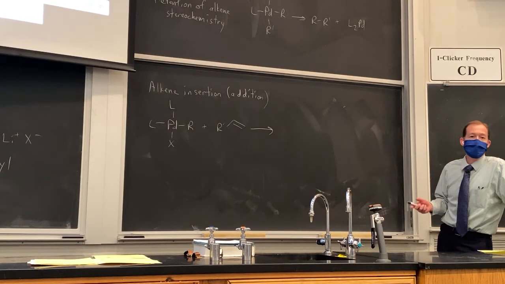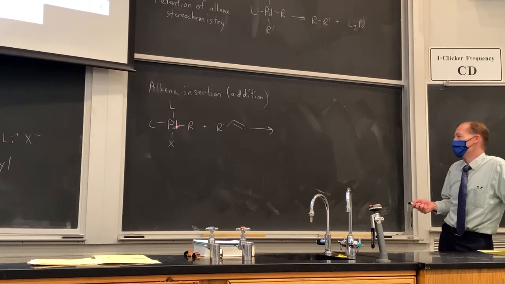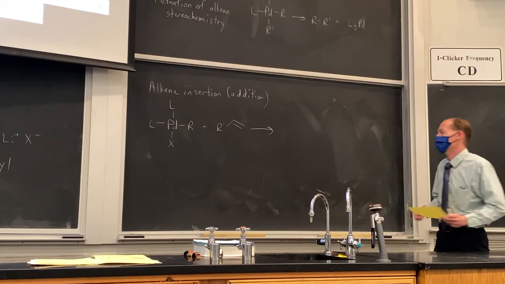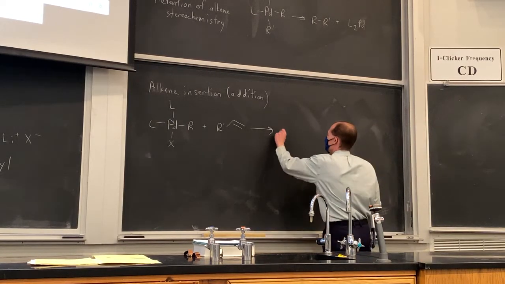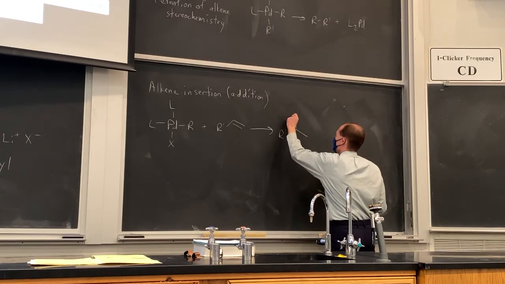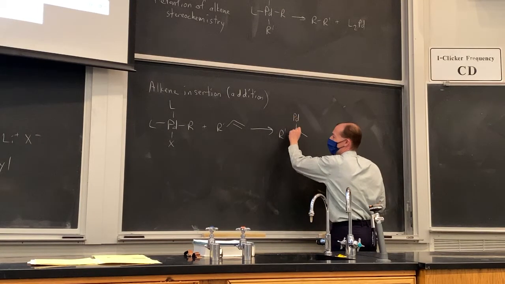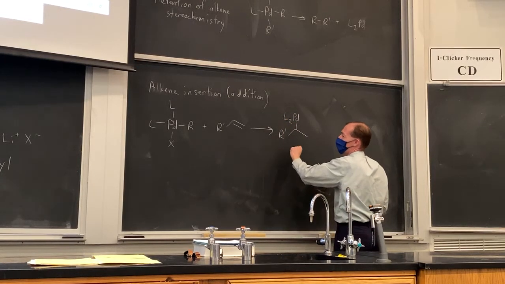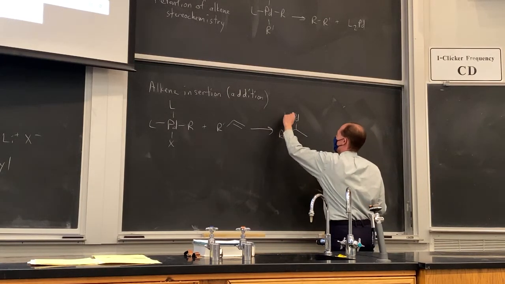And it's the palladium R part of the species that's going to add to the alkene, which means that palladium is going to be bonded to one carbon and R is going to be bonded to the other carbon, and we're going to break the bond between palladium and R. Okay? So I'm going to draw the product here for you. We're going to get palladium there, and there's still an X on there.